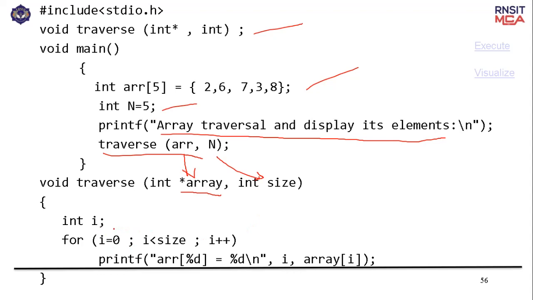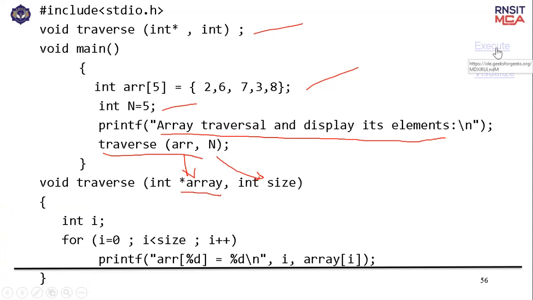You create a loop with I equal to 0, and until I is less than size, you keep on incrementing, meanwhile printing the values of array of I. By doing this, you will traverse. We will execute this program and also visualize it.